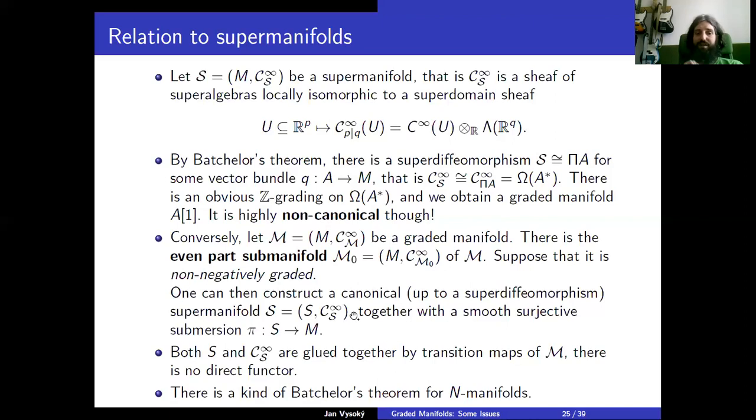Then one can construct, up to super diffeomorphism, a unique supermanifold S together with a smooth surjective submersion from it over some ordinary manifold S to my original underlying manifold. It's also not a direct functor because you glue together these pieces using transition maps of your graded manifold. So it's not unique, it's not a functor, it's a functor only up to diffeomorphism.